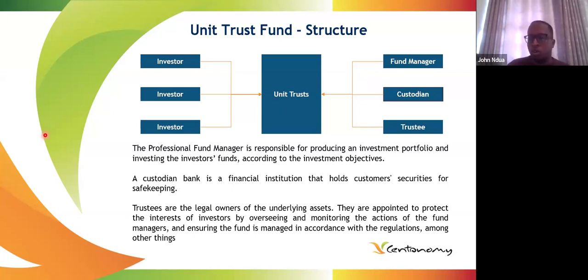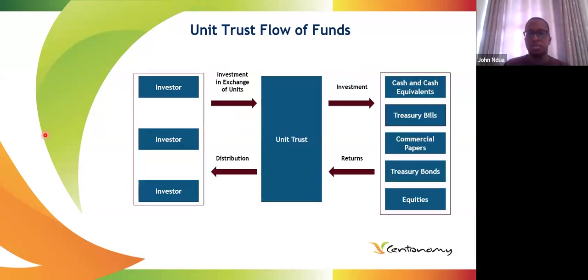Each person has their own duty, and the person who is investing does not touch the money. The person who has the money has no mandate to actually make investments. And the trustee does not even touch the money or make investments. They just oversee. So this structure is so secure that it is very hard for your money to actually get lost.